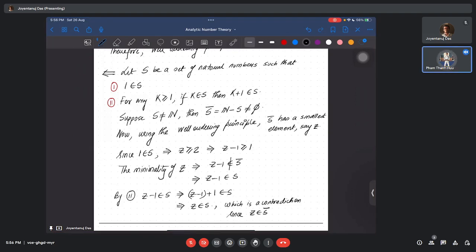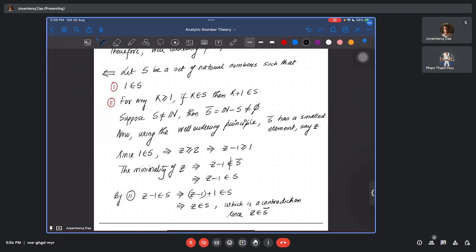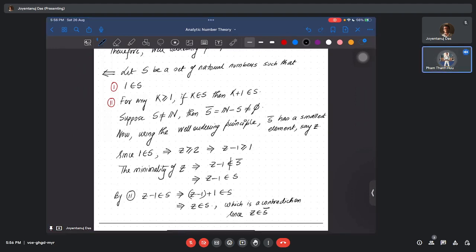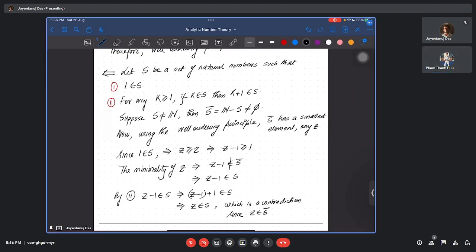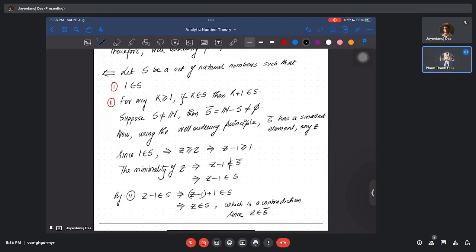Because both are complements of each other. So z belongs to both. Yes, that is a contradiction.